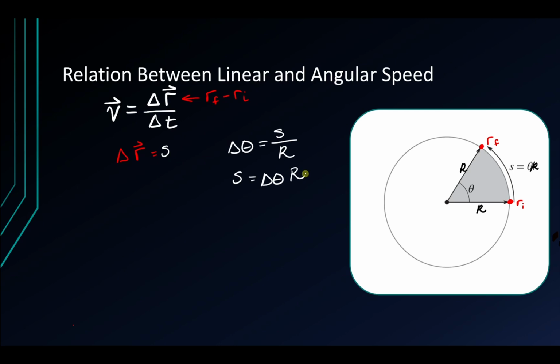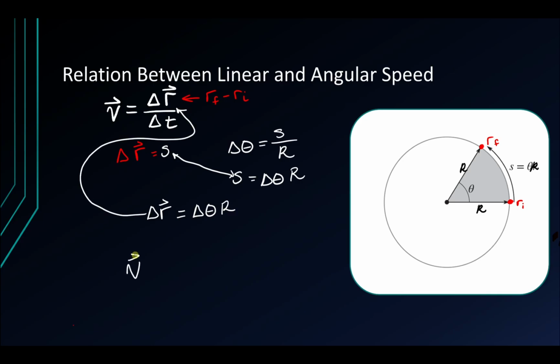Now I can use this relationship to state that my linear displacement has to be equal to my change in theta times the radius of this circle. And I can plug that into my velocity equation, and I find that linear velocity is equal to a change in theta, my angular displacement, divided by a change in time, times the radius of that circle.